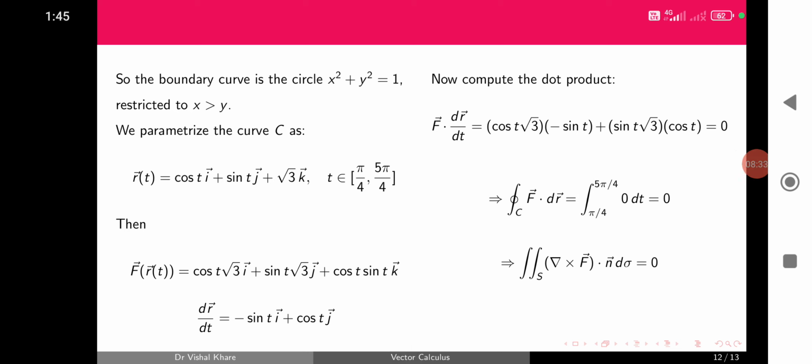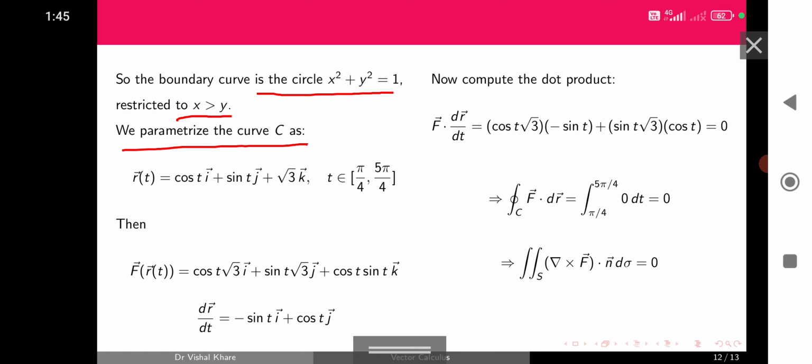So the boundary curve is the circle x squared plus y squared equal to 1 restricted to x greater than y. We parameterize the curve C as vector r(t) is equal to cos t i plus sin t j plus root 3 k, where t lies between pi by 4 and 5 pi by 4.